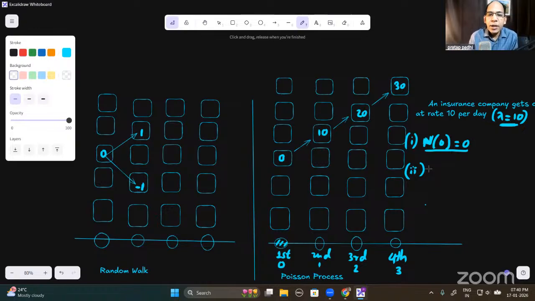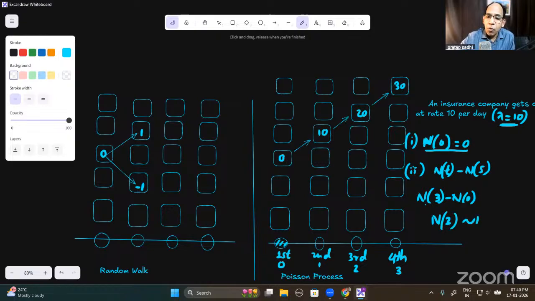I'll go to independent increments and stationary increments, then I will come back to the definition. But apart from that, importantly, NT minus NS, or N(T+S) minus NS, whatever way you write it. If I write in my example N3 minus N0, that is N3 only, because N0 is 0 by definition.